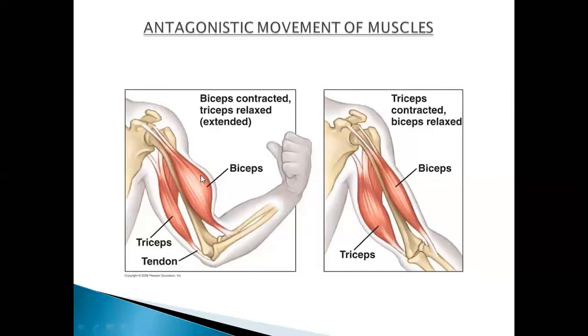Is it clear? Yes. Okay. So when you contract your arm, the biceps is contracting and the triceps is relaxing. This is opposite movement, known as antagonistic action or antagonism. Okay, this term is clear.